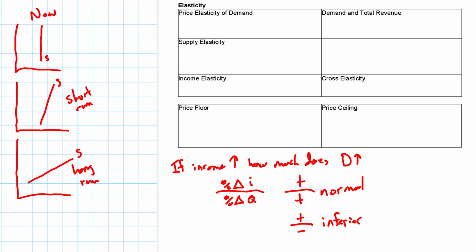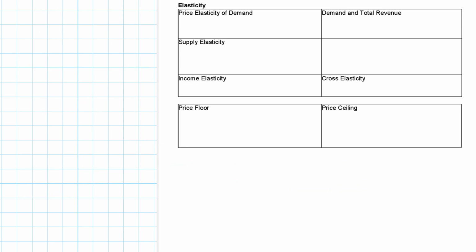Cross elasticity is the percent change in the quantity of Y over the percent change in the price of, say, X. So if the price of X goes up, it's a positive number, and the quantity I buy of Y goes up also. X got more expensive, so I'm going to buy more Y. So these things are substitutes.